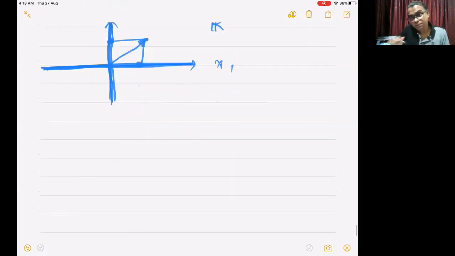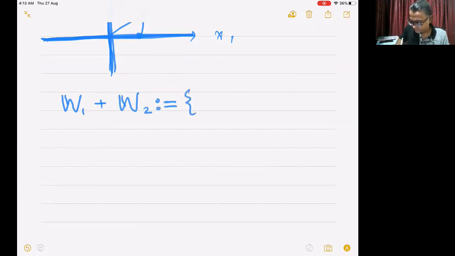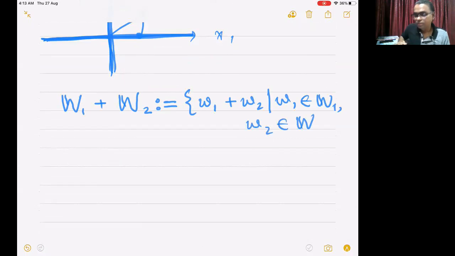However, this is a subspace. One can define W1 plus W2. This is defined as the collection of all w1 plus w2, where w1 belongs to W1 and w2 belongs to W2.